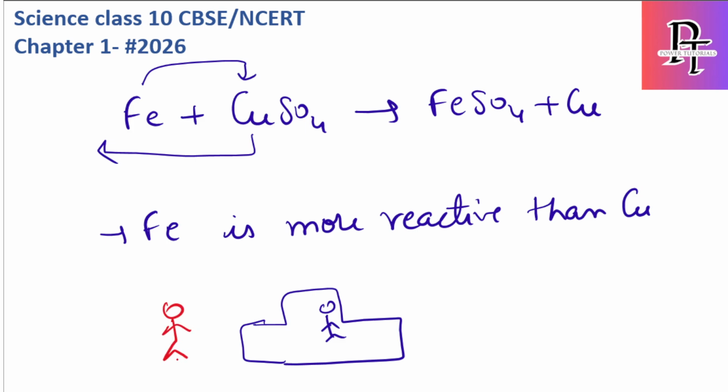He is a rowdy kind of person. He is simply moving in a car. But what will happen if the strong person comes and attacks him? The weak person will definitely run away from his seat, and the strong person is taking that car.